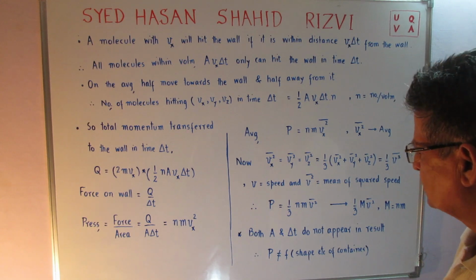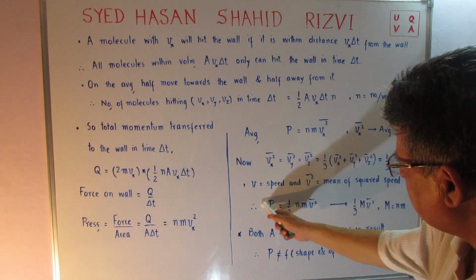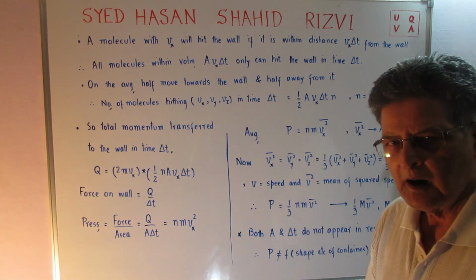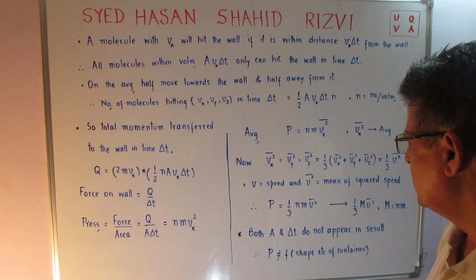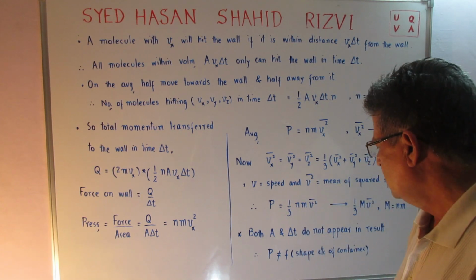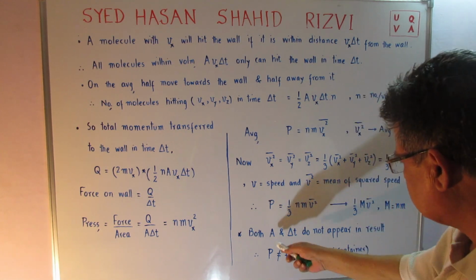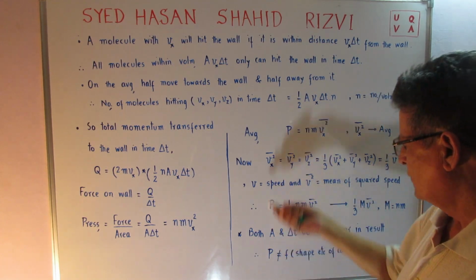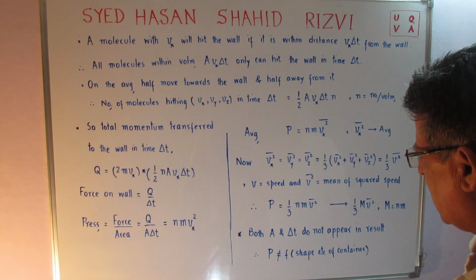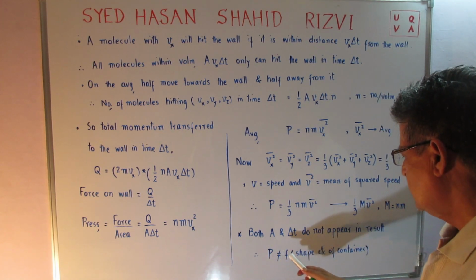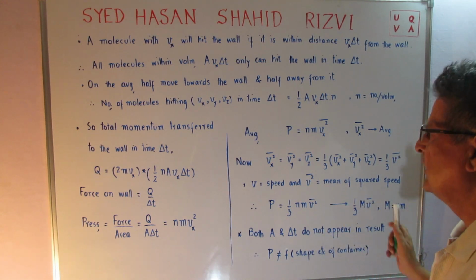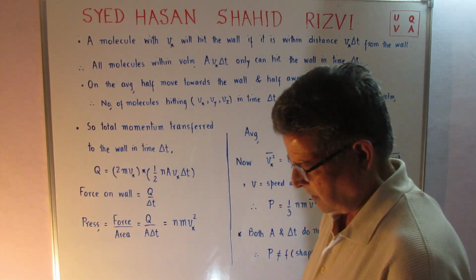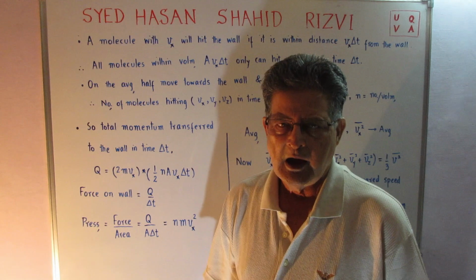Look here, in this final equation, there is no mention of the area of the wall or the time that we have just imagined in which this thing is happening. Both these terms do not appear in the final result, and therefore we can say that, of course, we have taken a cube, but I could have taken any shape, and the pressure is not a function of the shape of the container.